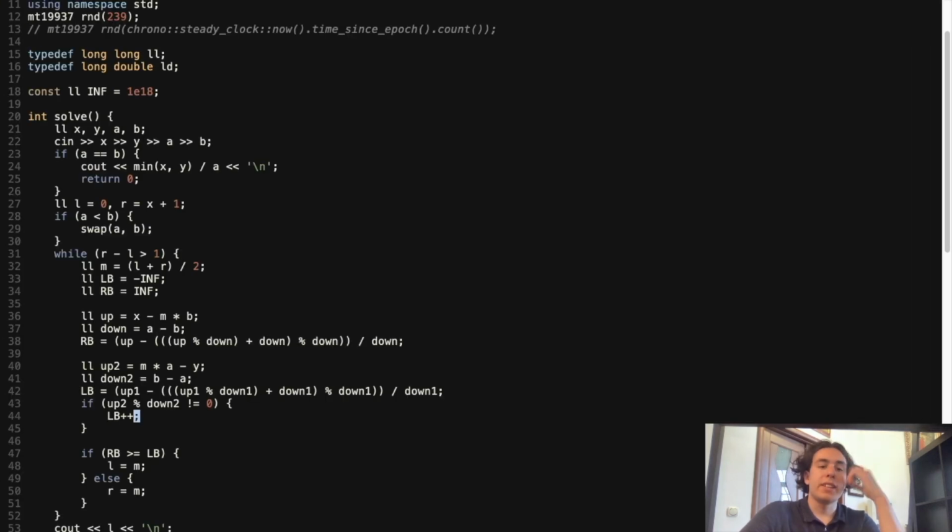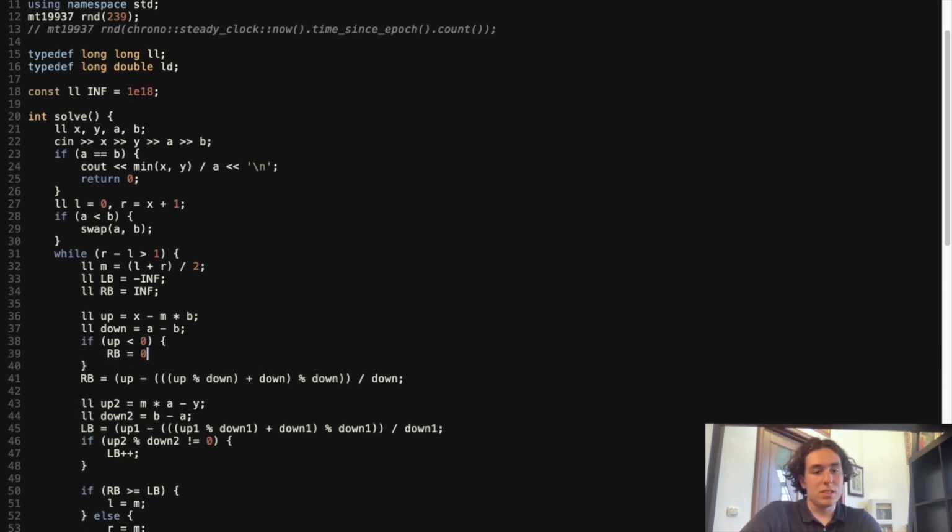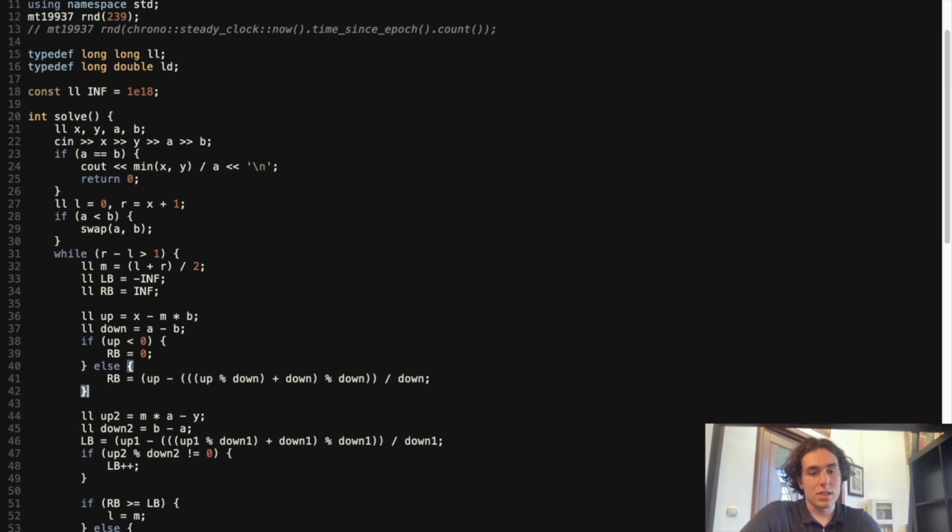Well, if they are negative, I guess it doesn't matter, so we can do it easier. If up is less than 0, RB is 0, otherwise RB is just this.